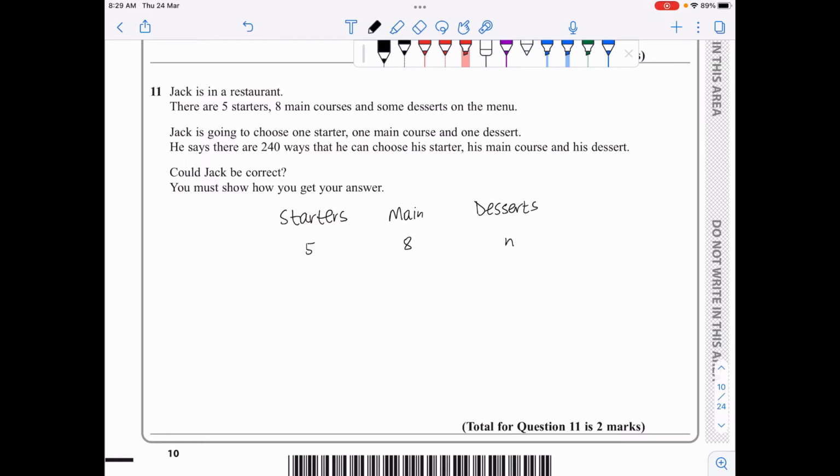The total number of combinations is claimed to be 240, and to find the total number of combinations, I multiply these together. So 5 times 8 is 40, so 40n is 240, and n is 6. Now, because n turned out to be an integer, it means that Jack could indeed be correct.